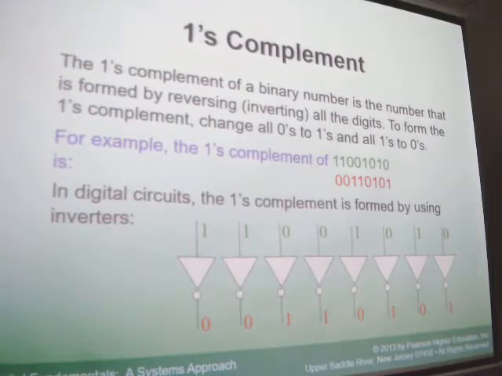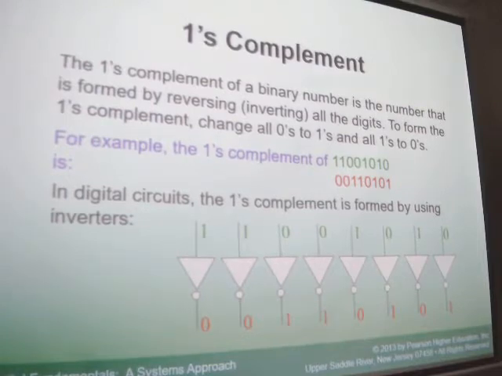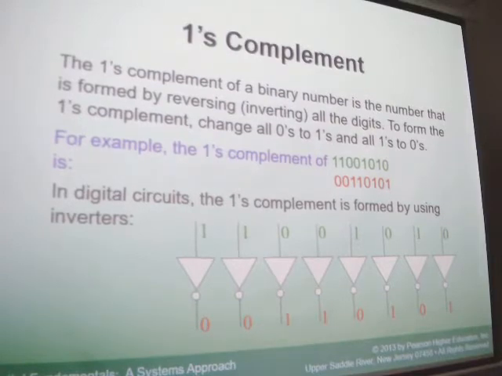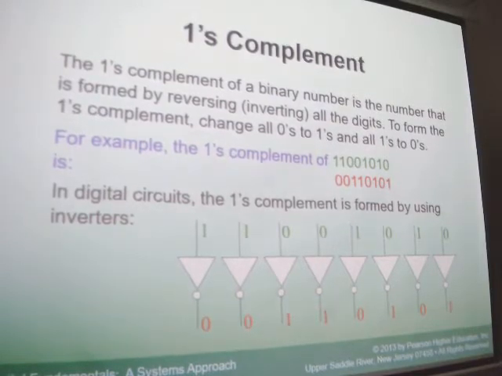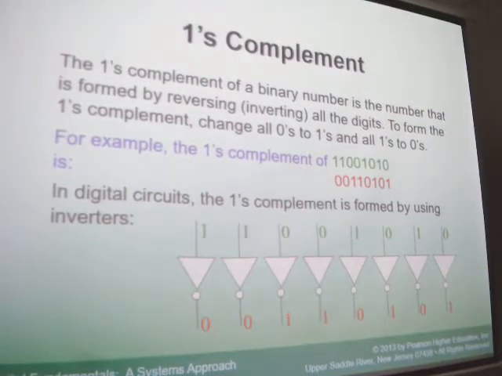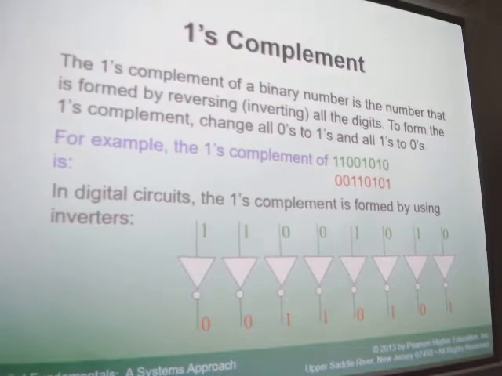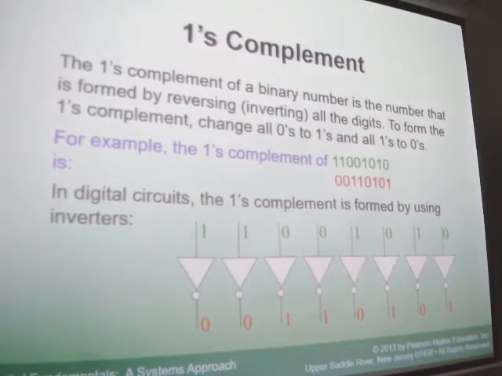You know, only negative numbers have a one's complement. For a negative number, its one's complement needs reversing all the digits.